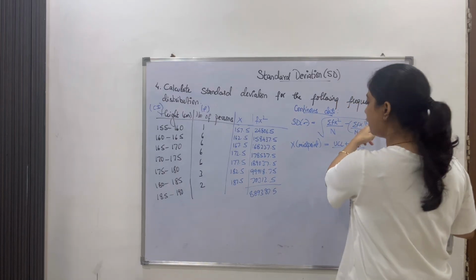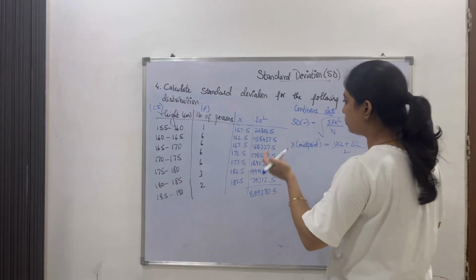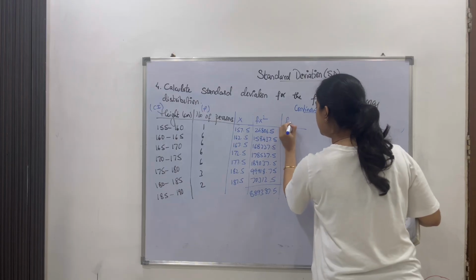Now we also need f into x column also. For that we need to take out one more column. So we need to make fx column again.